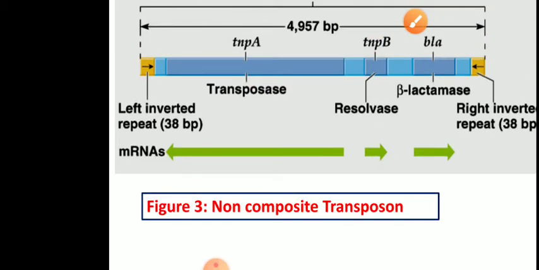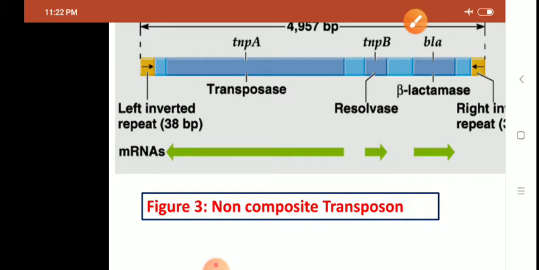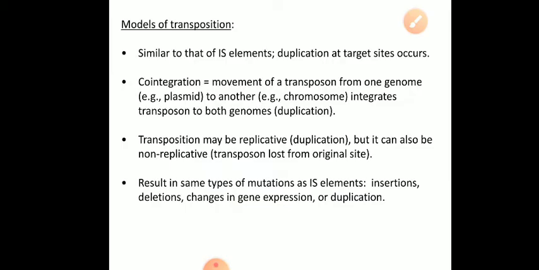Apart from that, at the left corner there is a left inverted repeat of 38 base pairs, and at the right corner, a right inverted terminal repeat. So at both the corners, IS elements are absent, so it is called a non-composite transposon. Centrally placed are three or more genes, and at the two corners, right and left inverted terminal repeats.